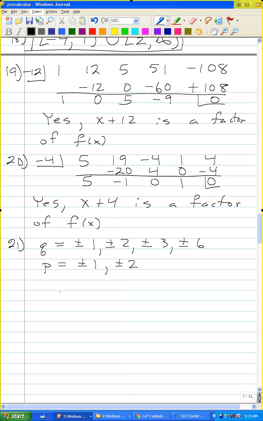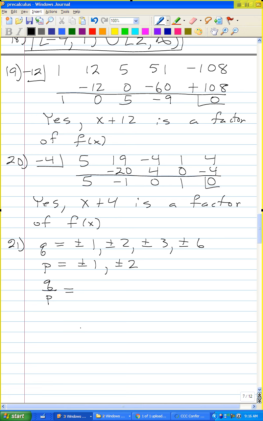Wait one second, let me just check something. Okay, so it's Q over P. That's the usual notation for the rational root theorem.